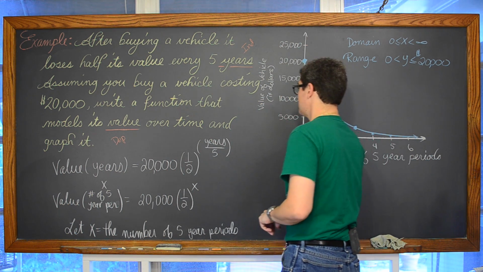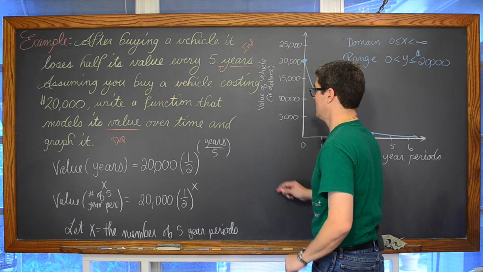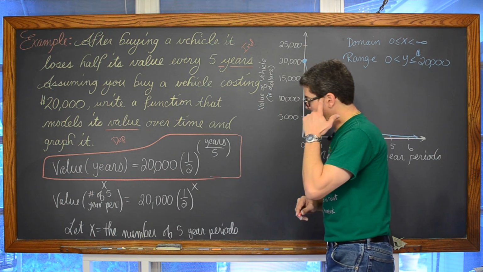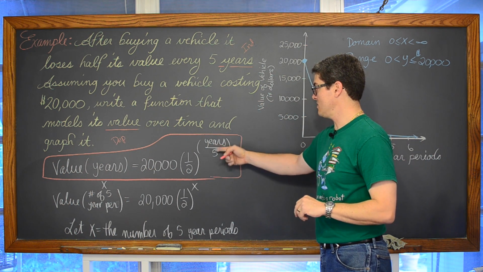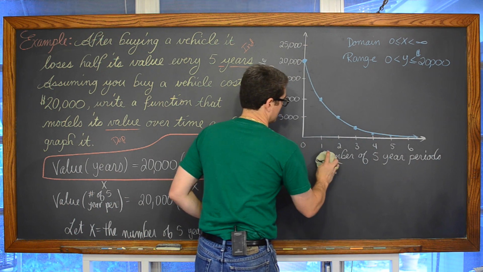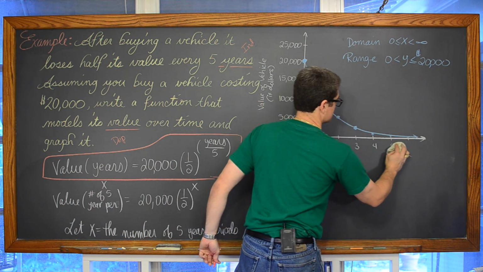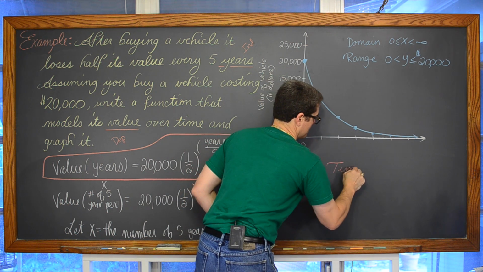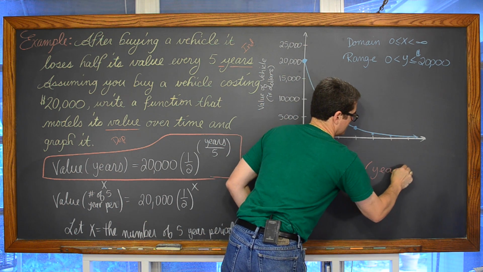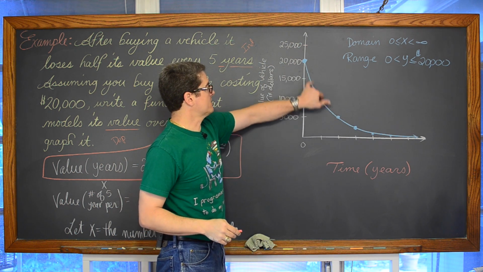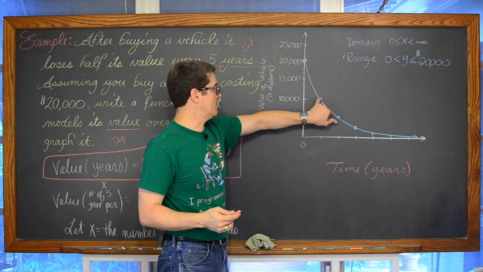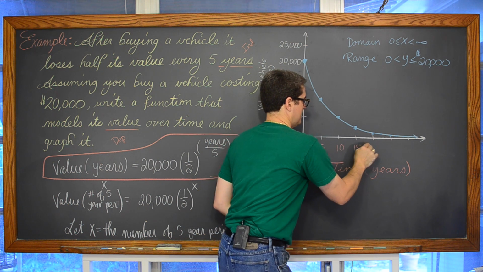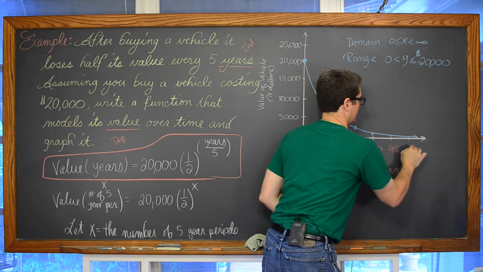If we were to have instead focused on this as our equation, and x were just the year, and our exponent was years divided by 5, well then, of course, we could change this scale and have the x-axis be time in terms of years. But then of course, how long did it take for that $20,000 vehicle to become $10,000? Well, that was 5 years, and then this would be 10, 15, 20, 25, and 30, and so on.